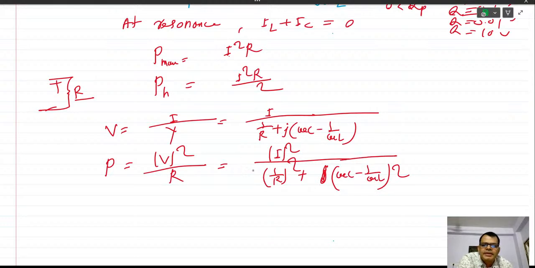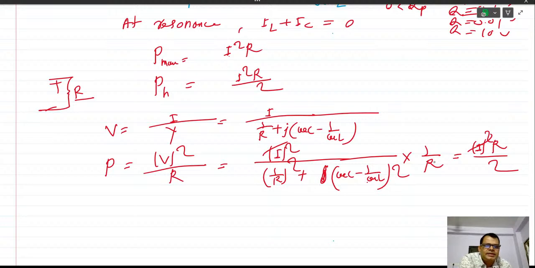Okay, V magnitude square into 1 upon R is equated to the half power, the frequency at which your power is half, that is I magnitude square R by 2. I magnitude cancels. You can easily compare it here.